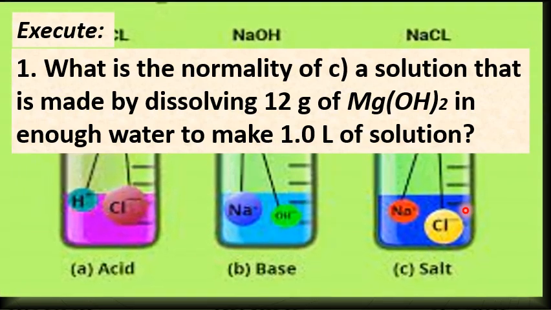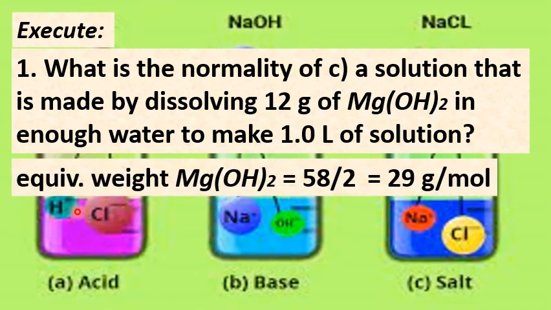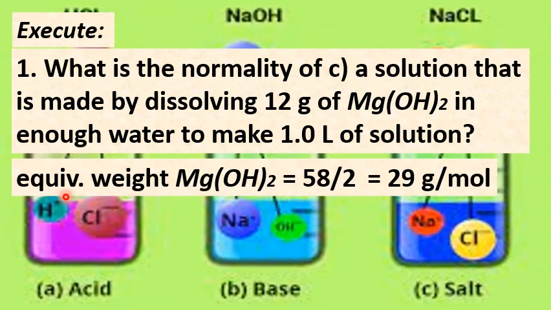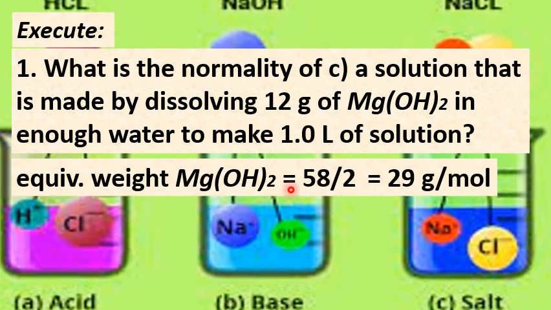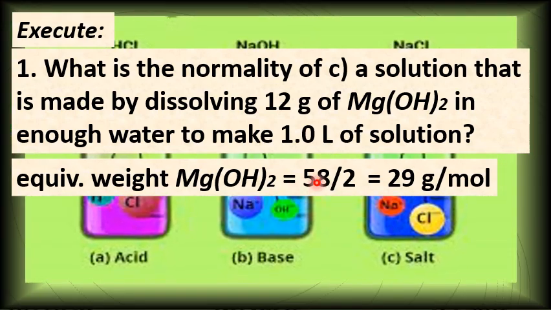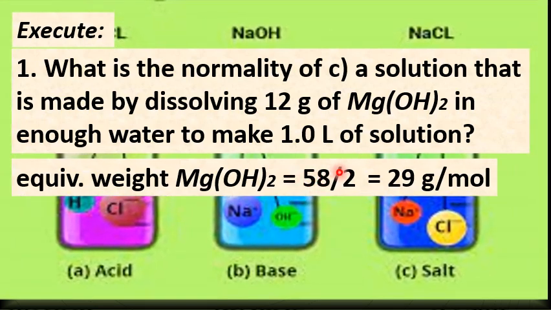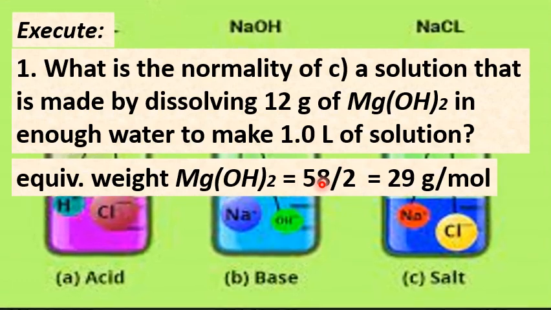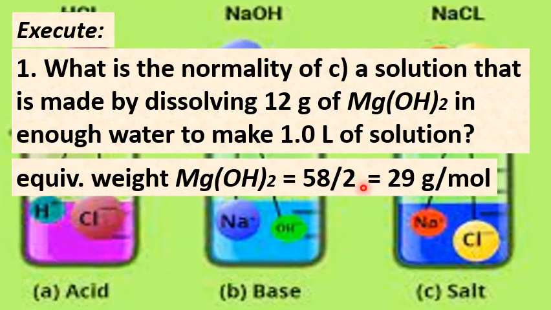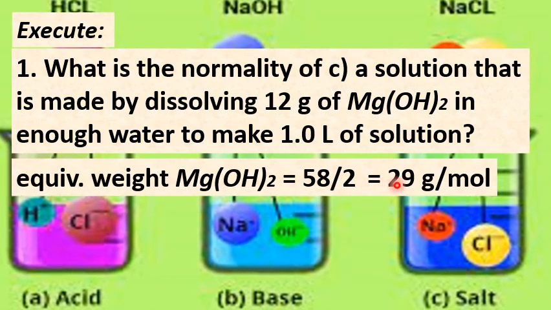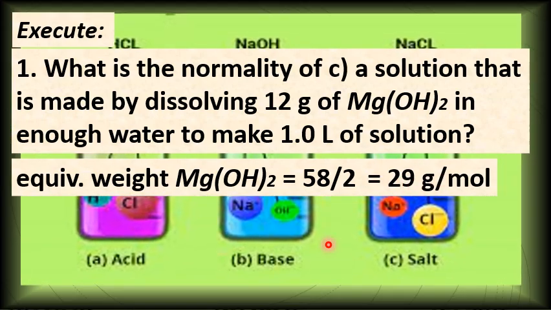So we determine the equivalent weight or equivalent mass of magnesium hydroxide simply by dividing the molar mass, which is predetermined to be equal to 58 grams per mole, by the net ionic charge of hydroxide, which is 2 or positive 2. So that gives us the equivalent weight of the solute equal to 29 grams per mole.